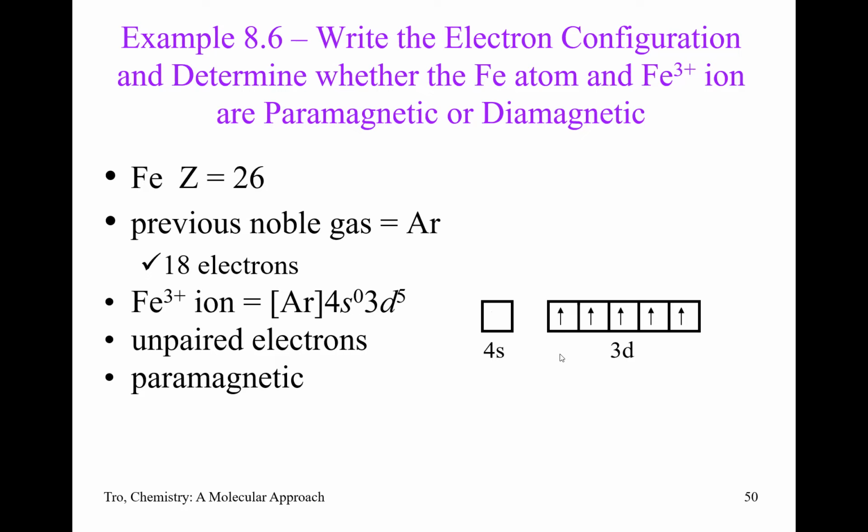So with things like MRI and other ways of looking, if you've ever had a family member that had cancer, some of the ways they look at these is by these paramagnetic features. And the more unpaired electrons you have, the higher the intensity of the signal.